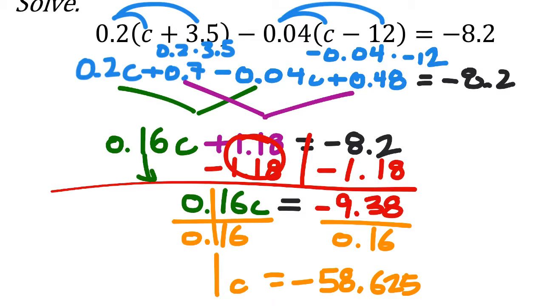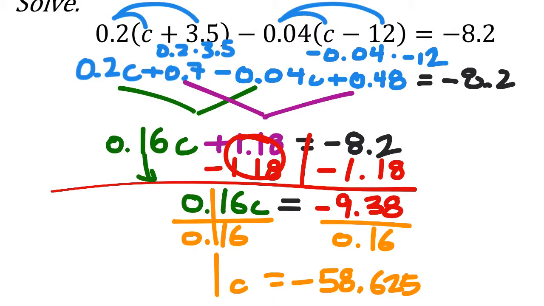So now I go back to the original equation, which is 0.2 parentheses. So I go to my X button instead of C, X, 0.2 parentheses. Now again, that's C, but I have it stored in as X, so I'm just going to type the X button. And then plus 3.5.